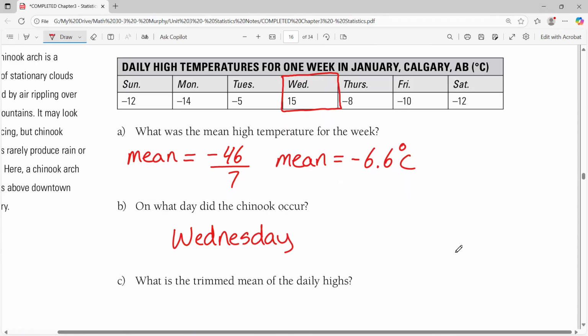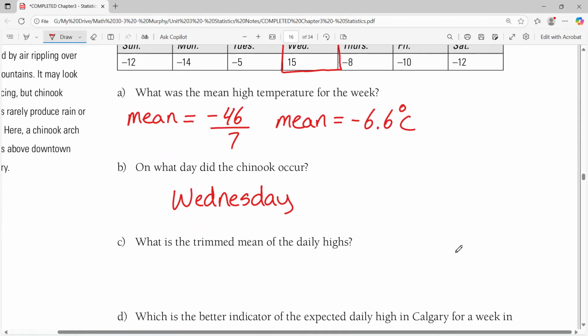And what is the trim mean of the daily highs? Okay, so we need to take these and order them. So -5 is our lowest. Or sorry, that is not our lowest. Our lowest would be -14. We've got two -12s, a -10, -8, -5, and 15.